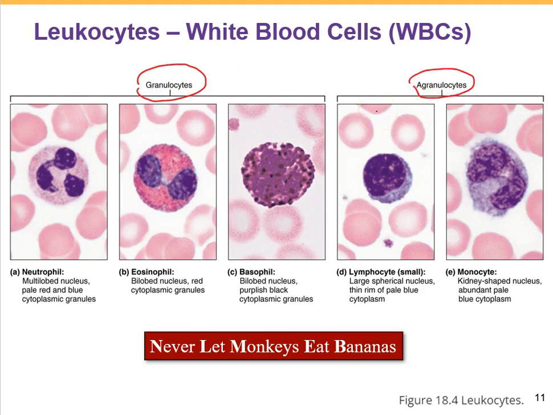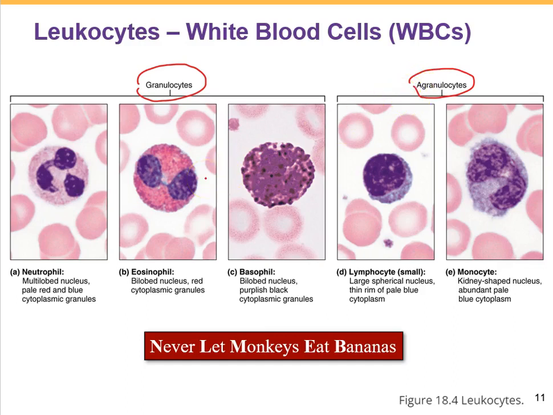Granulocytes means granular leukocytes. These white blood cells have visible granules in their cytoplasm. Agranulocytes do not have visible granules in their cytoplasm, as A means no or none.